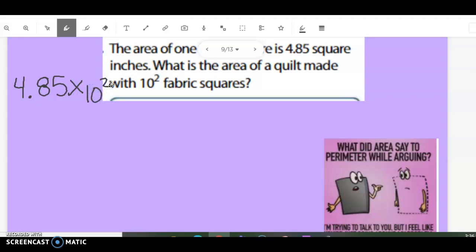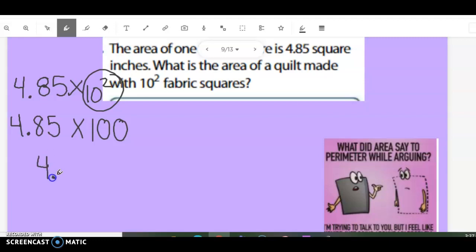All right, so what do I need to do first? 10 to the second power. There's a couple ways I can go about solving this. I know that 10 to the second power means the number 1 with 2 zeros. So now I have the equation 4.85 times 100. I see that 100 has 2 zeros.